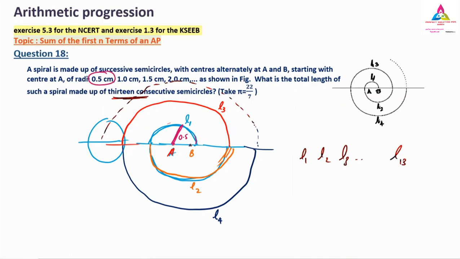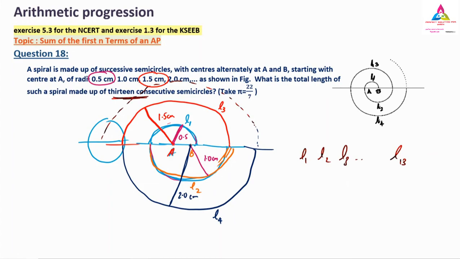The second semicircle, the orange one, has radius 1.0 centimeter. Similarly, the next one, in red, again has A as the center, and its radius is 1.5 centimeter. The fourth semicircle, L4, which I have taken in blue color, has radius 2.0 centimeter.